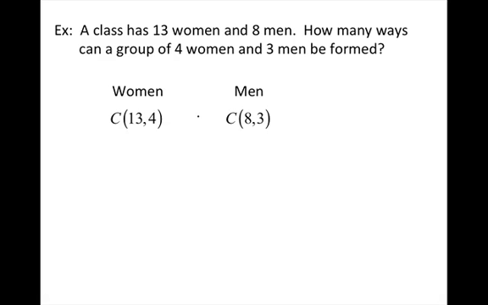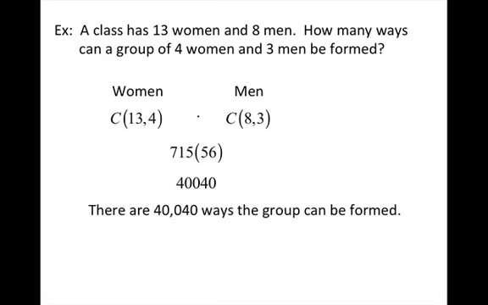So on your calculator, if you do 13 choose 4, you're going to get 715. If you do 8 choose 3, you're going to get 56. And then multiply these, and you end up with 40,040. So there are 40,040 ways the group can be formed.